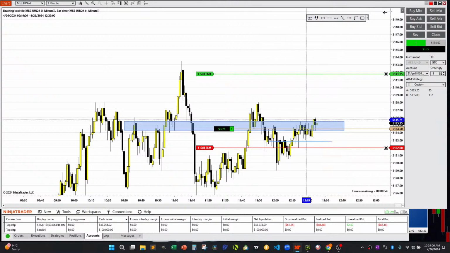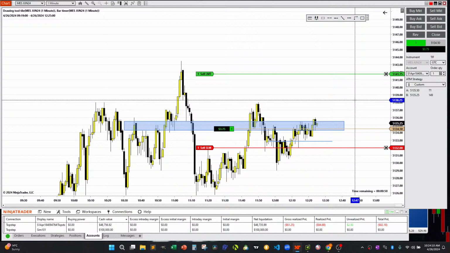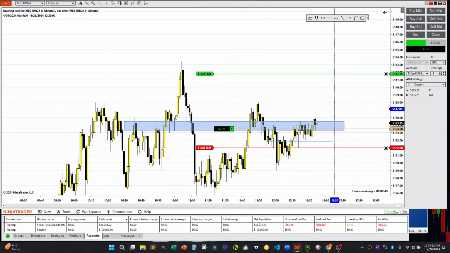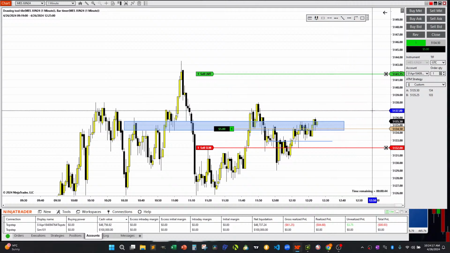Slowly pushing through the level. So I'm expecting probably somewhere in the next 5 to 10 minutes to finally break free and break above.